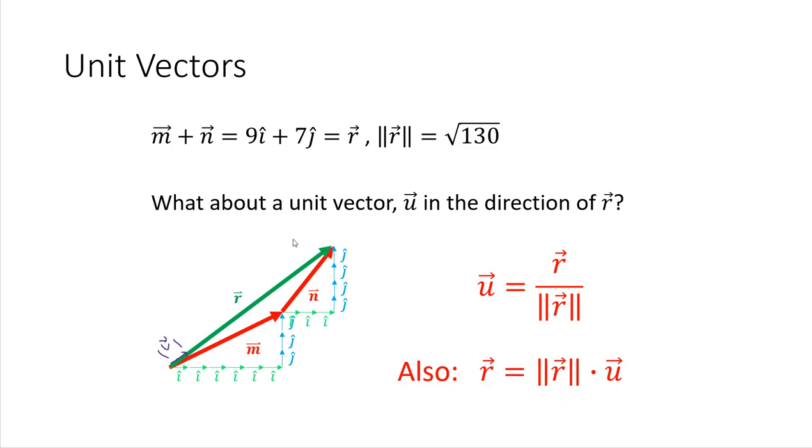In this video, we've talked about scalar multiplication of vectors, simple addition of vectors, and finding the magnitude of vectors using the Pythagorean theorem. That's really it to find the magnitude of vectors.